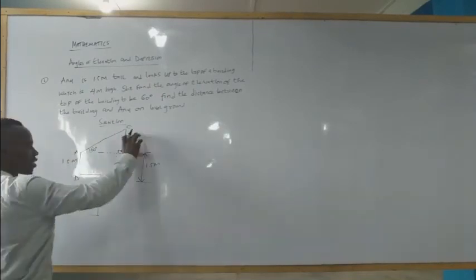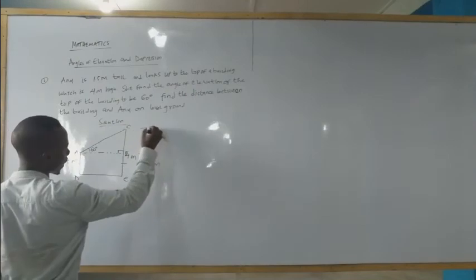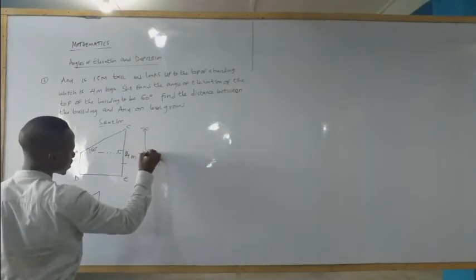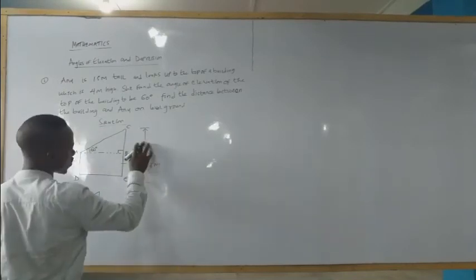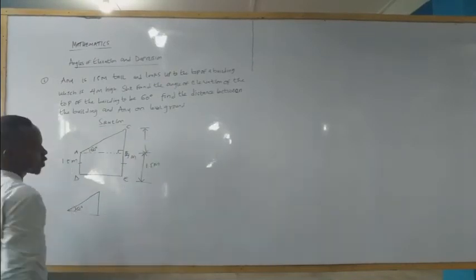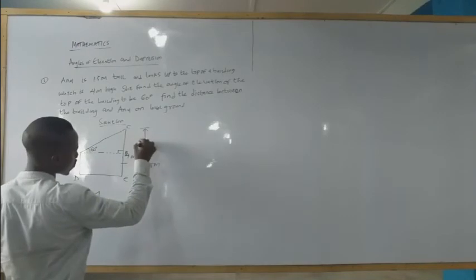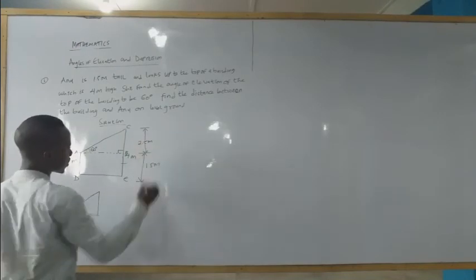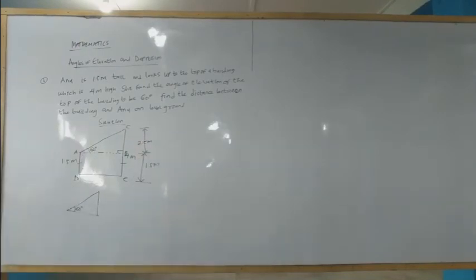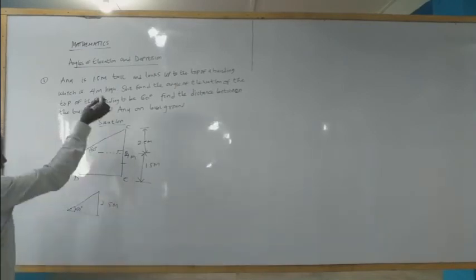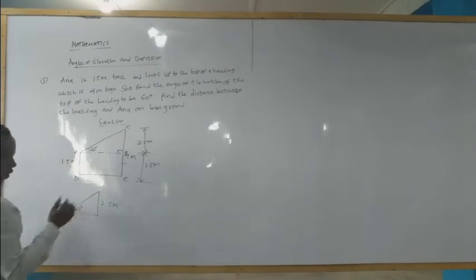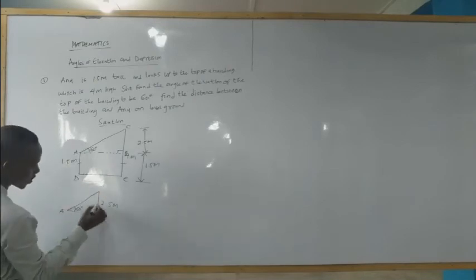The remaining part up will be the difference between 4 meters and 1.5. So this one will now be 4 meters minus 1.5 meters, which gives 2.5 meters. That's the triangle we are taking, A, B, and C.